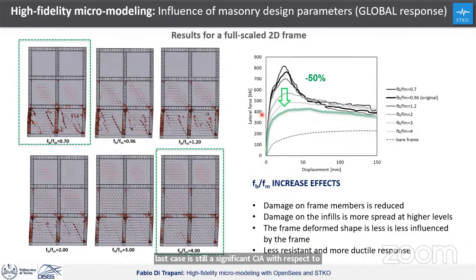So this is just to see how important the characterization of the materials is inside these kinds of models. So you can have a reduction of your prediction by 50%. And this is something that we have to consider when we are going to design and assess infilled frames.